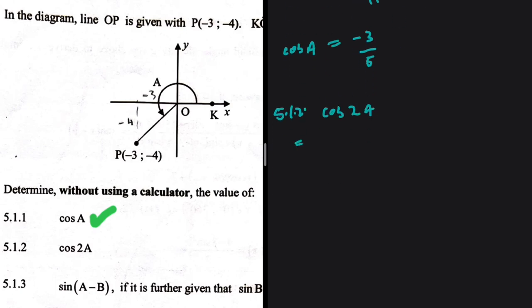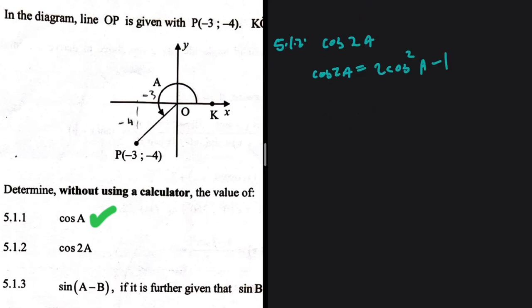But we just need to recall that cos of 2A is equal to 2 cos of A squared, let me just rewrite that, cos of A squared minus 1.